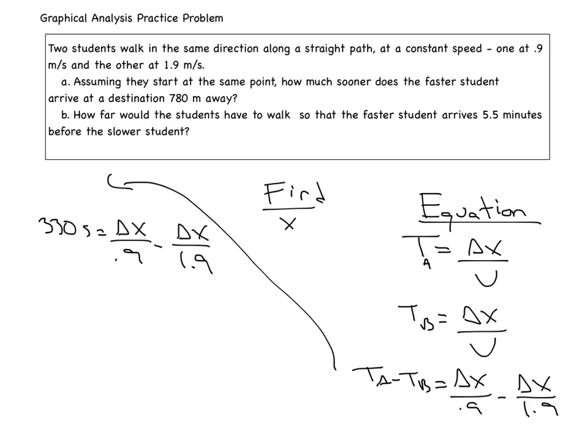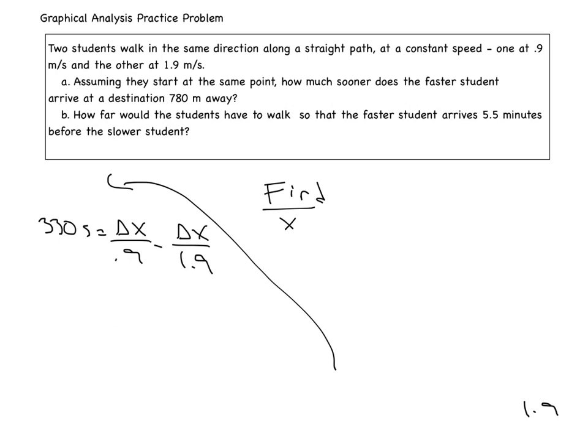As we do this, we see that we should get these to have the same common denominator. So the easiest way to do this is find the product of 0.9 times 1.9, which equals 1.7.